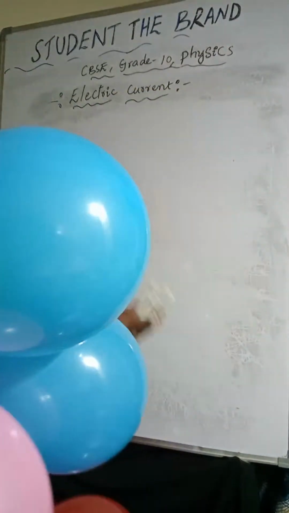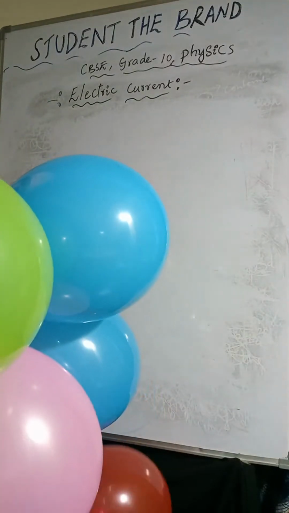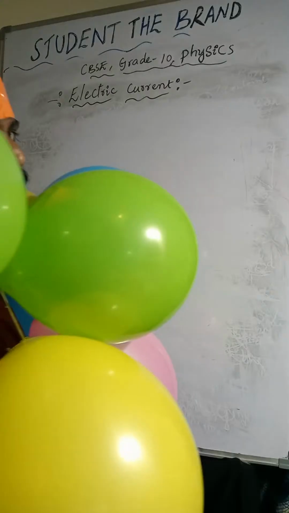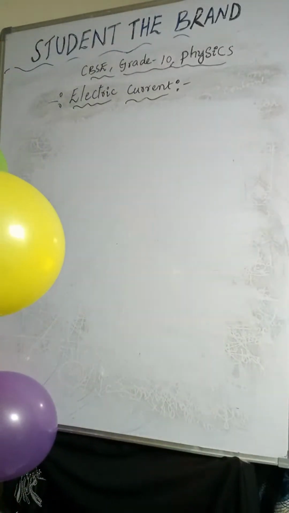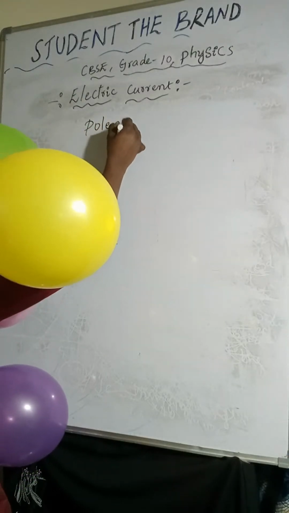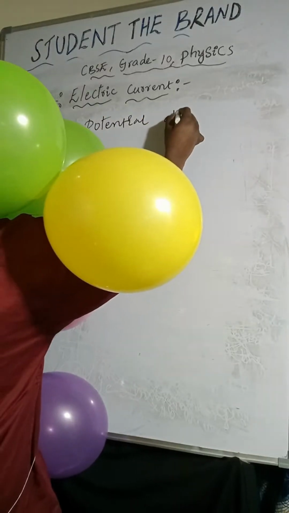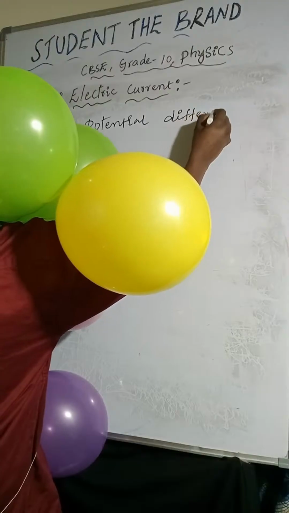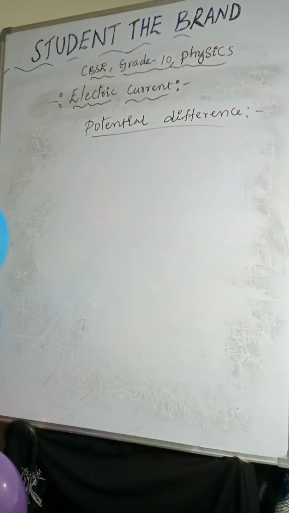Now we will discuss electrical potential and potential difference. Potential difference is nothing but the work done to bring unit positive charge from one point to another point within the conductor.